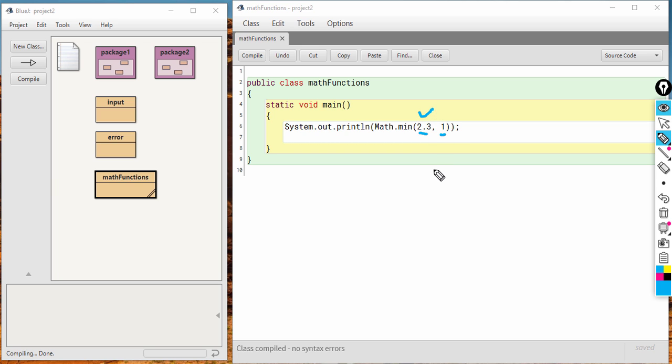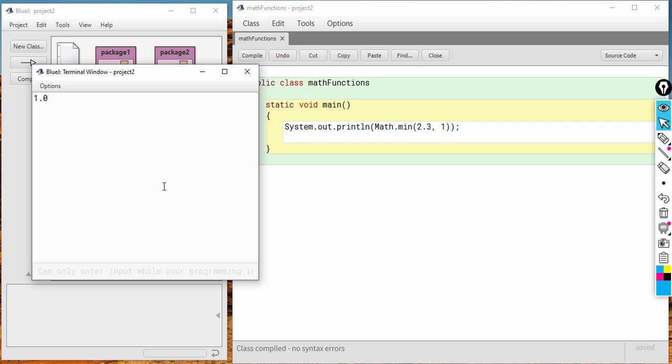Definitely this 2.3, not in its value, in its data type. 2.3 is a double and 1 is an integer. So definitely double is bigger. So the answer will also be in double form. That means it will be 1.0 and not 1. So let's have a look at the output. So you can see the answer is 1.0 and not 1. Okay. This same rule applies for the max function as well.